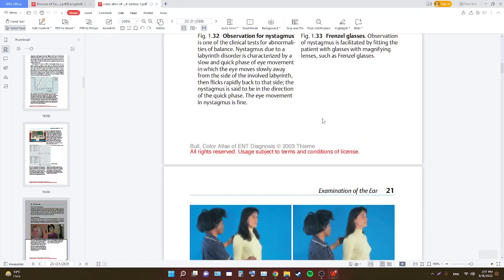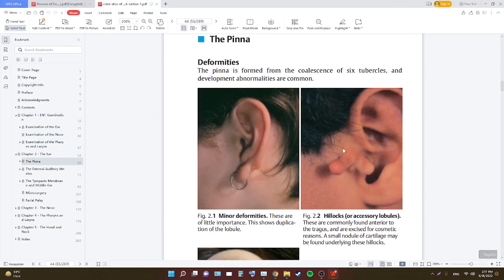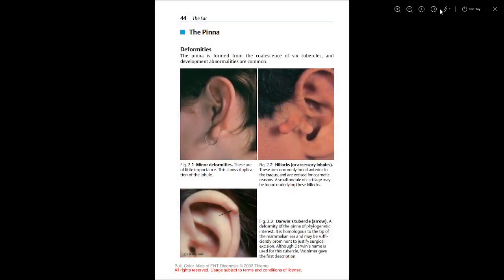As you can see, let's go to the external ear, the pinna. First of all, we start with the minor deformities. Okay, so here are minor deformities, this is duplication of the lobule.